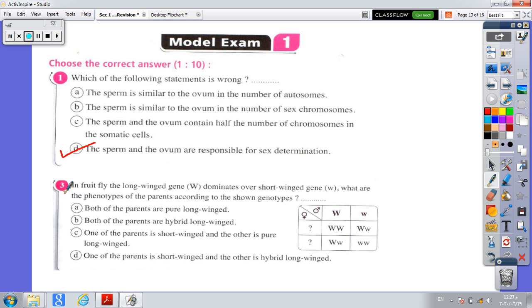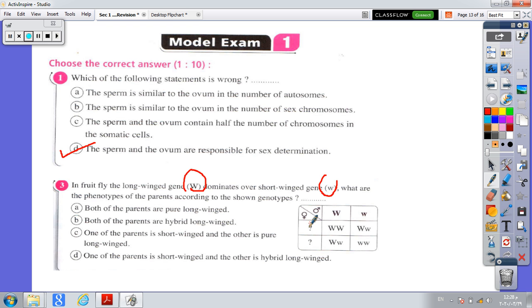Okay? Number 3. In fruit fly, the long wing carries W capital and the short wing is W small, with W capital dominant, long dominant, and short wings recessive.